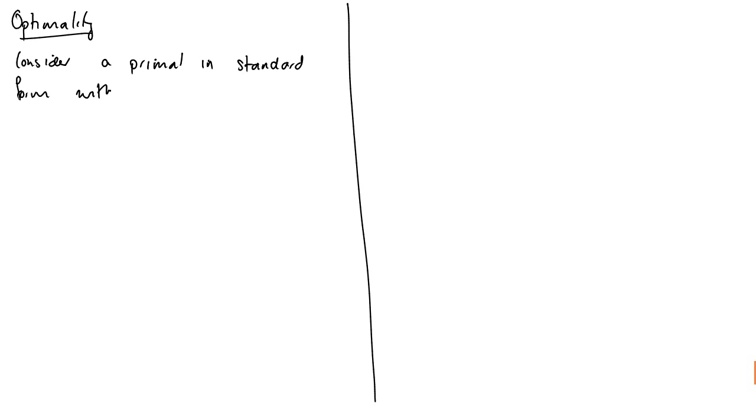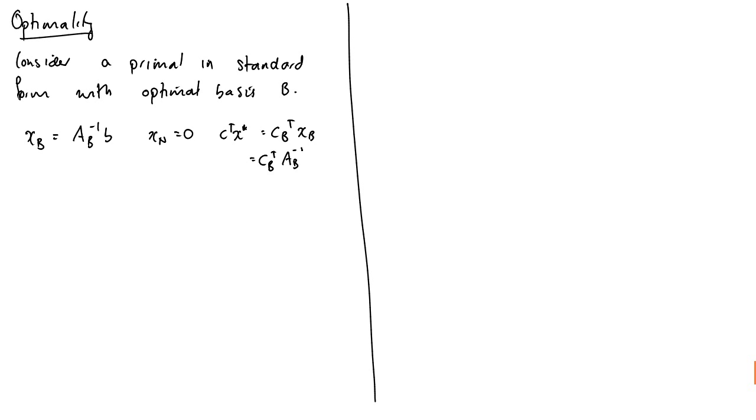Let's say we've solved it already and we've got the optimal basis B. Okay, so we therefore have xB equals AB inverse b, just like we've been doing, xN equals 0, and the optimal cost, c transpose x star, equals cB transpose xB equals cB transpose AB inverse b.